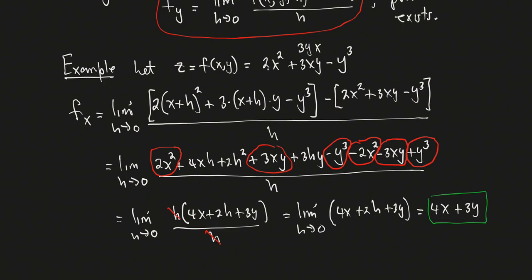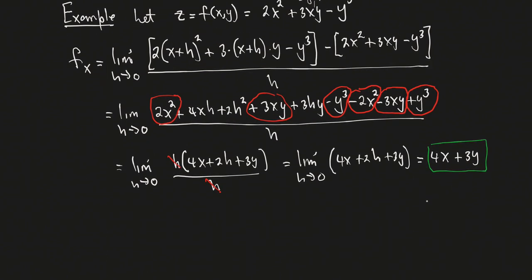Y didn't change at all, and it almost looks like when you differentiate 2x and you get 2, or 4x and you get 4. If we differentiate 3yx, we end up getting 3y. So let's keep that in mind. Let's compute the first partial with respect to y and see what that looks like, because I'm feeling like there's a pattern here that we can exploit in a positive way. Exploitation doesn't always have to be negative.